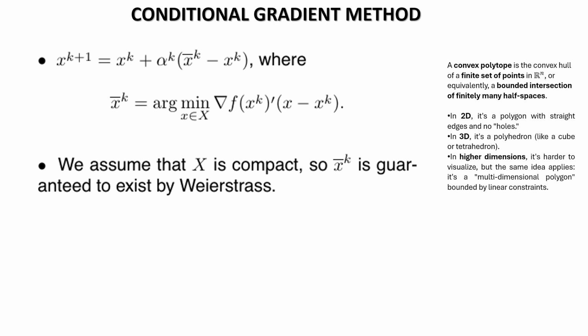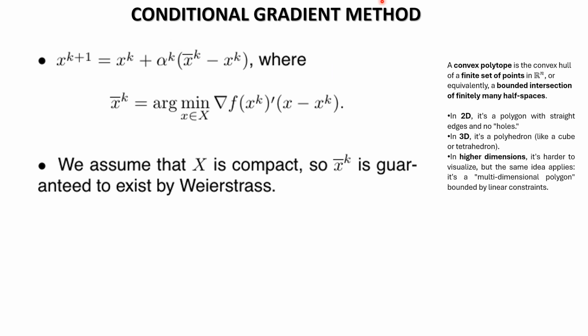Here we explain a crucial step in the conditional gradient method. We can call this the Frank-Wolfe method, particularly how the direction of movement is chosen at each iteration. So the update formula looks like that, and this is the standard update step in the conditional gradient method.